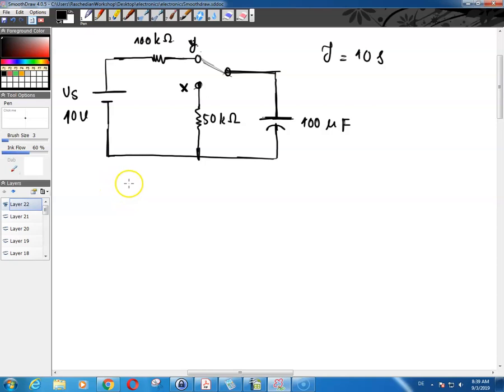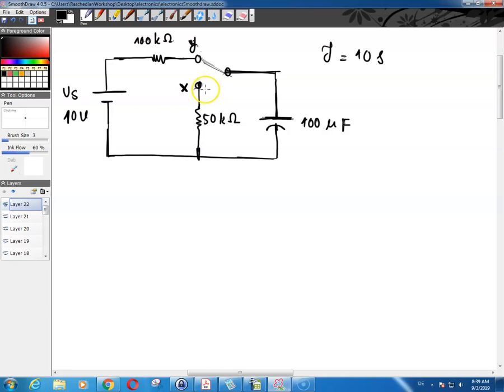So now suppose, for example, you set your switch to the Y position, and it takes approximately 50 seconds for your capacitor to fully charge. Now suppose that once you have charged the capacitor, you move the switch back to the X position.